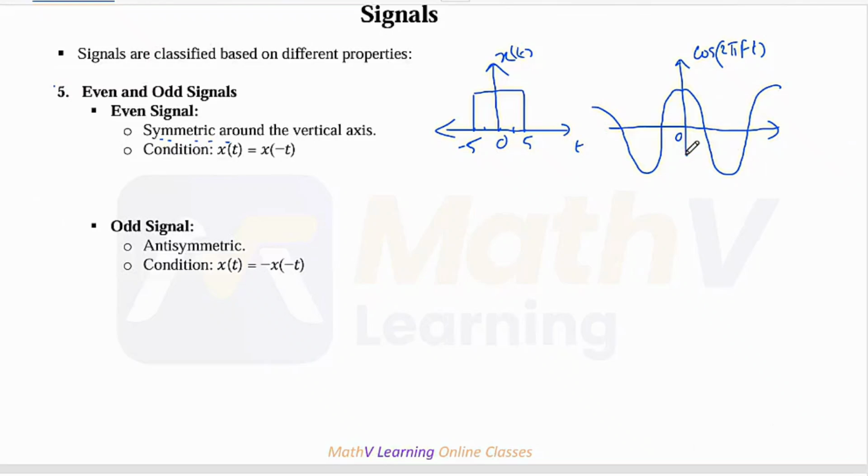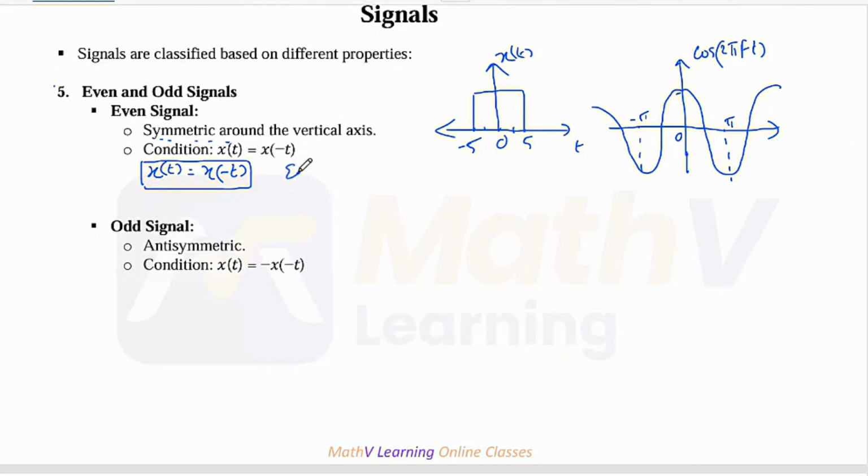So if we take this point, this is at pi, and this will be at minus pi, right? So what is the condition for an even signal? If I have a signal x of t, and x of t is the same as x of minus t, then that signal is known as an even signal.